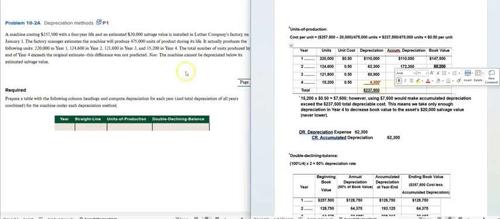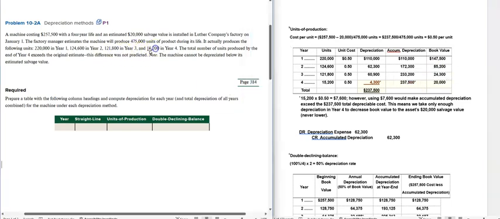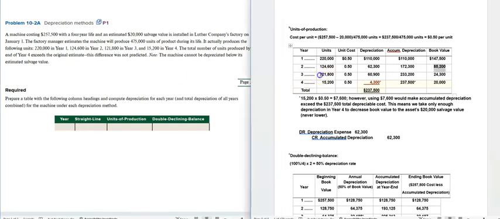For the third year of the asset's life, it produced 121.8. Multiply year three's actual production times my depreciation rate per unit. Depreciation expense for year three of 60,900.